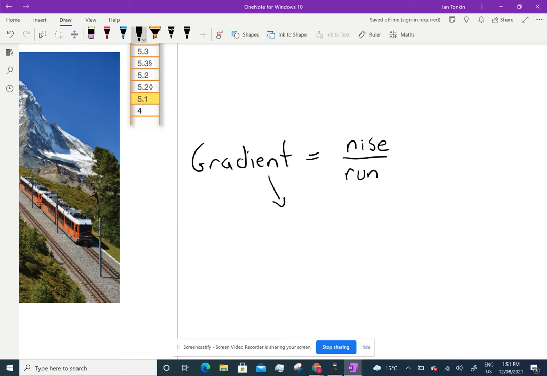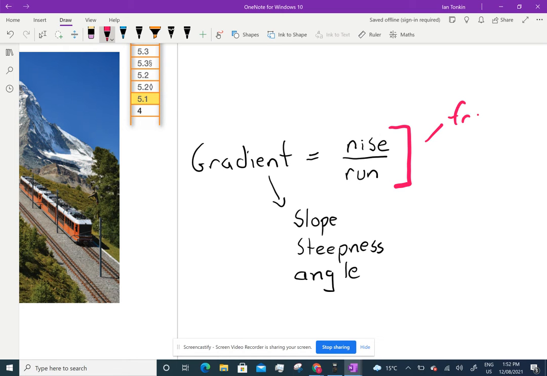You can have a steep descending gradient over the run. Well, what is it again? Well, gradient is the slope, the steepness, very steep, very flat, the angle. But mathematically, to give it a number, we get the rise over the run, and we can represent that number as a fraction, as a percentage, even as a decimal.